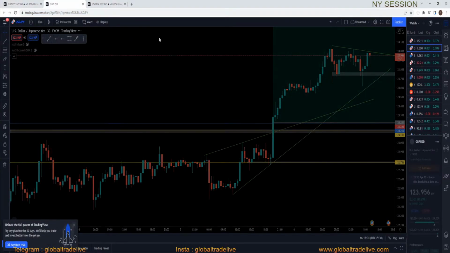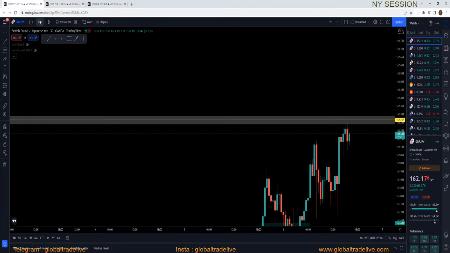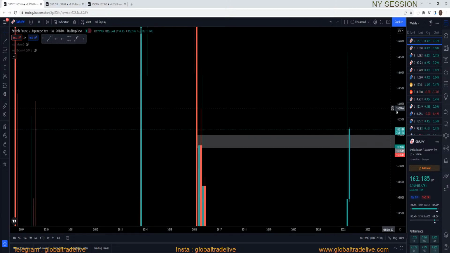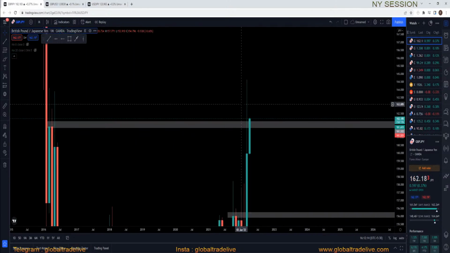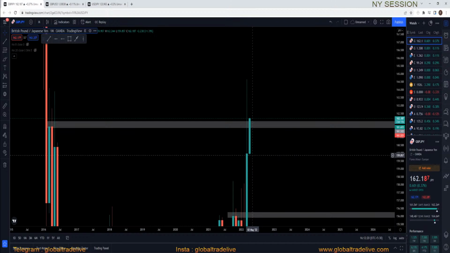And if we look at GU, okay, let's just do one thing, let's go to the monthly over here in GJ. Basically, on the monthly time frame, the previous monthly candle just rejected this area. Now the current month candle has gone inside that area, and now it has moved up a little bit from that area.